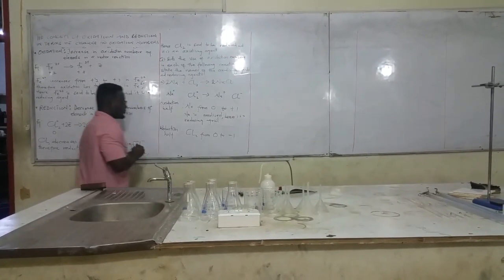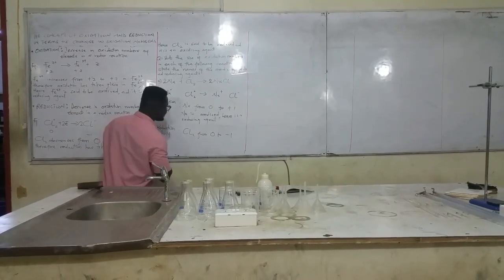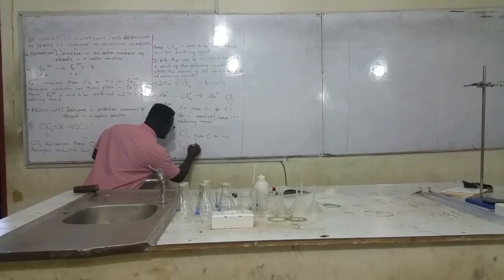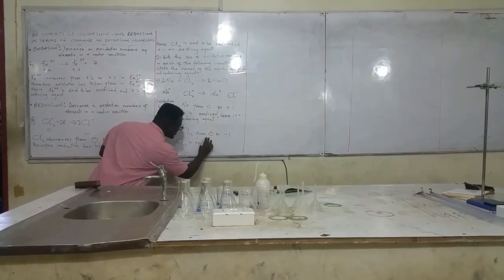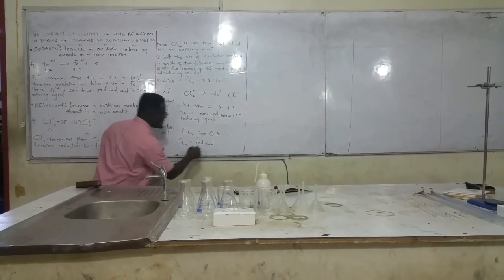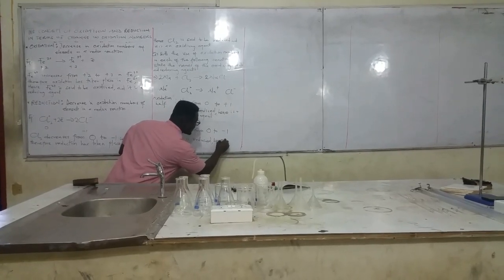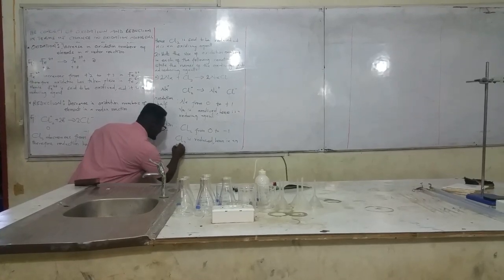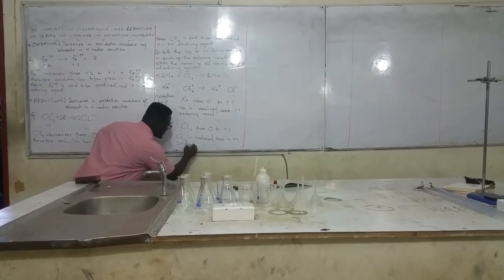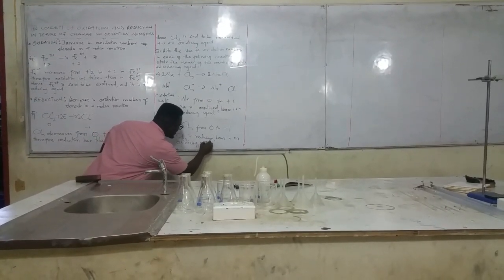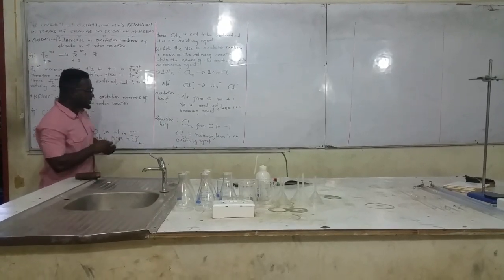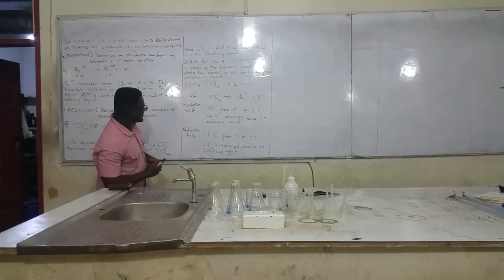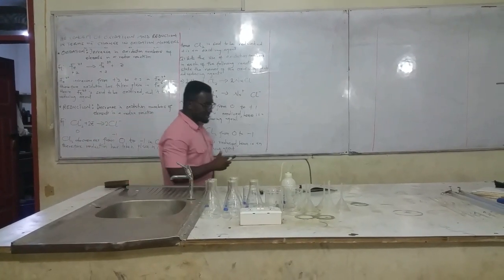So here too we have Cl2 is reduced. Hence it is an oxidizing agent. See, Cl2 is reduced and is an oxidizing agent.